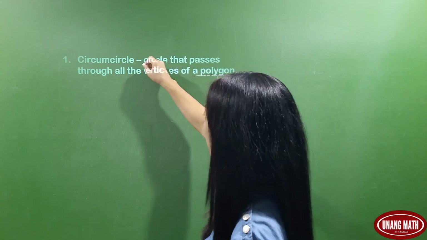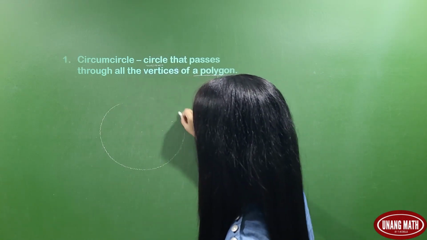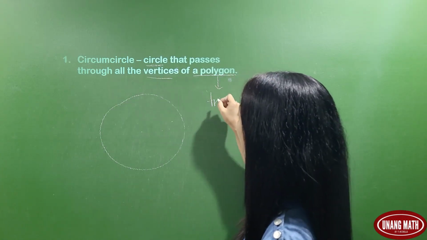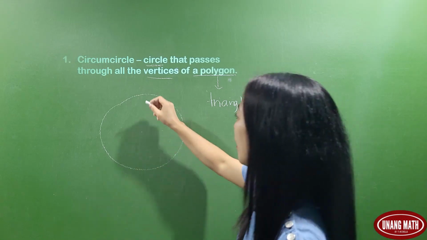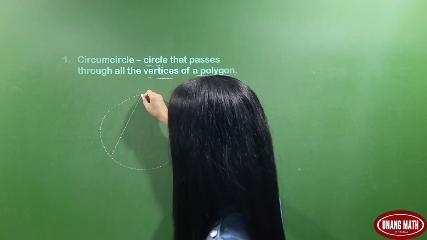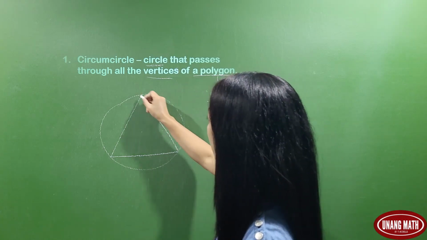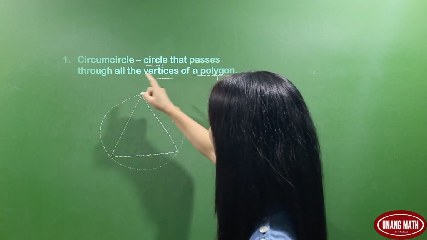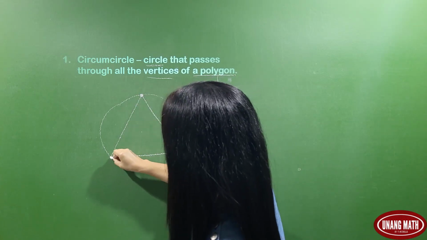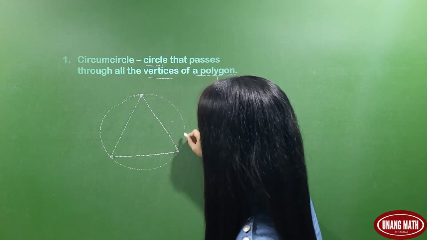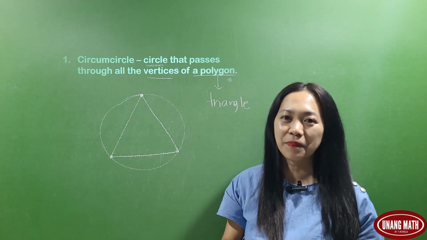So this is a circle that passes through all the vertices of a triangle. Let's draw a triangle inside this circle. So this circle that passes through all the vertices of this triangle is what we call the circumcircle.